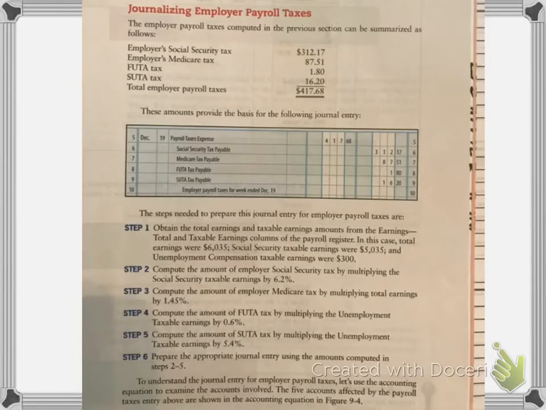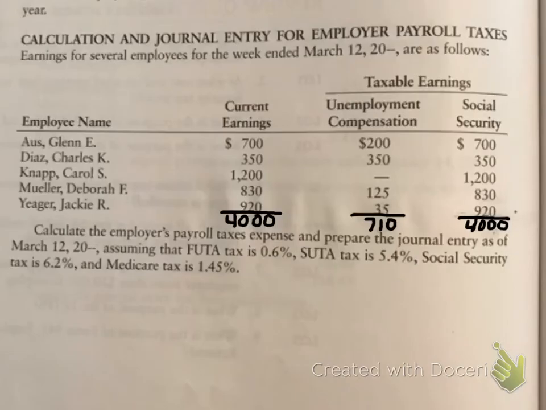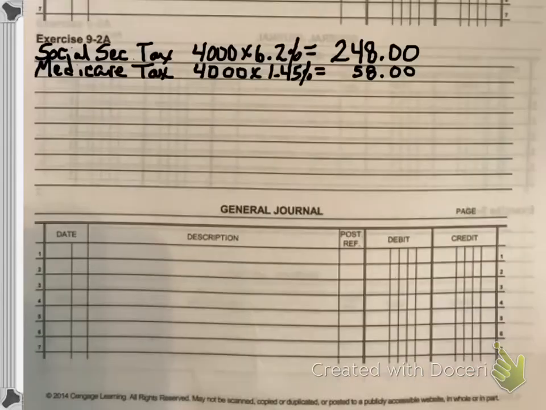Okay, then we'll go back and move on to step 4, which says compute the amount of FUTA tax by multiplying the unemployment taxable earnings by 0.6%. So we look back at our payroll register. The amount that is taxable for unemployment is $710. So that is the number that we will use in calculating FUTA tax.